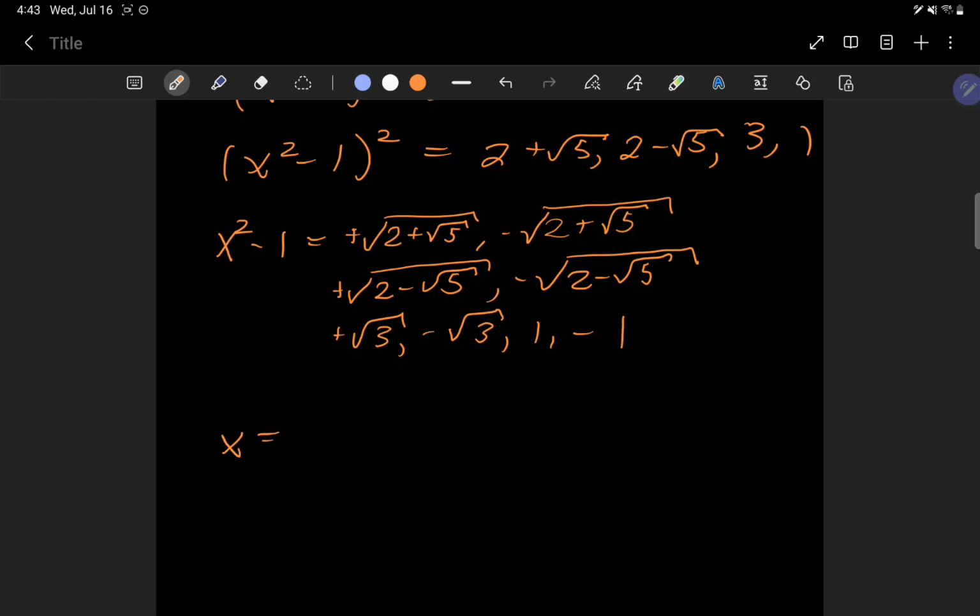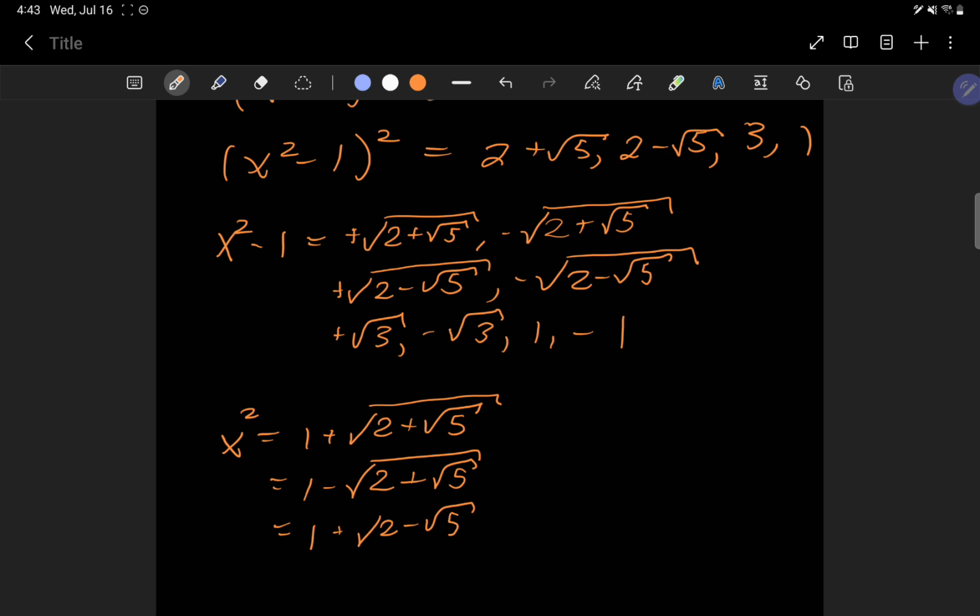Okay, and then you add 1 to everything. Oh gosh. So then that would be 1 plus root 2 plus root 5, and that's x squared. And then you have 1 minus, this is a lot. So I did that one and that one, and then I guess we are going to write them all out. Right?